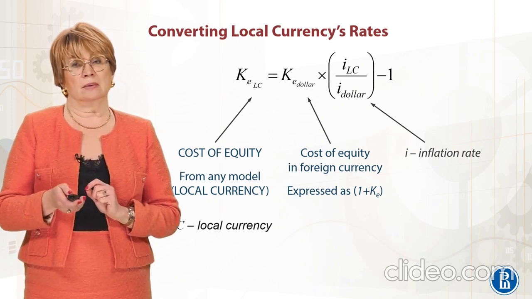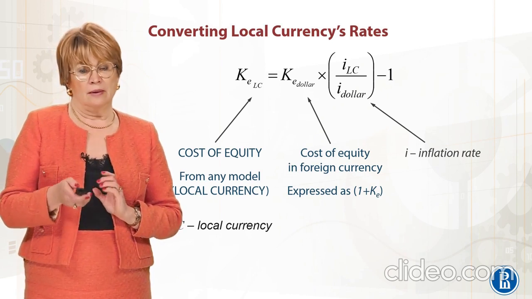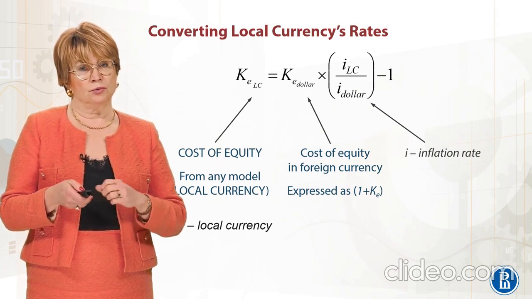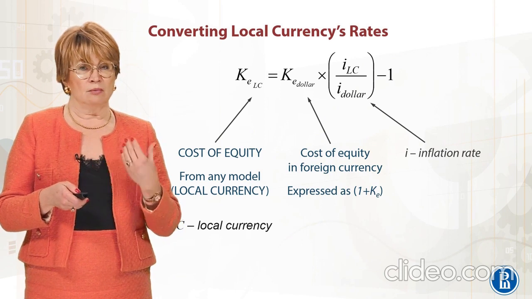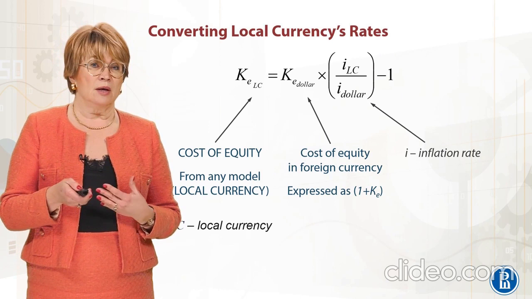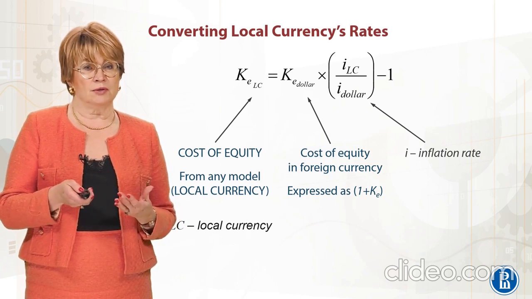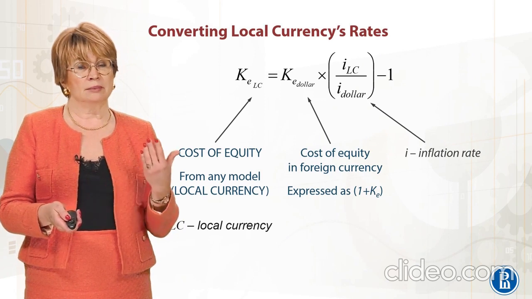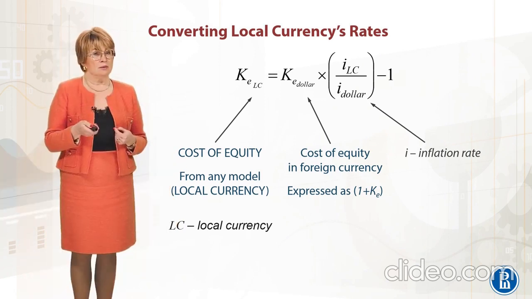We need to adjust the rate of return we already computed in dollars due to application of some of the models discussed at first. And the cost of equity here in dollars is represented by, as you see here on the slide, 1 plus cost of equity in dollars.